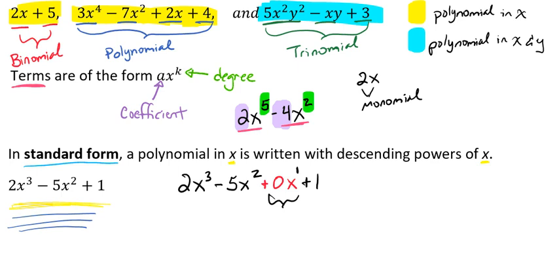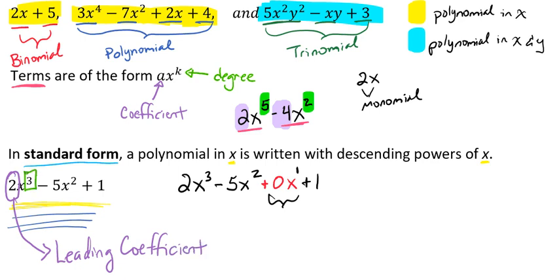So when our polynomial is written in standard form, this front number out in the front is what we call our leading coefficient, because it's out in front, it is leading the way. And the degree that goes with that term designates the degree of the polynomial.